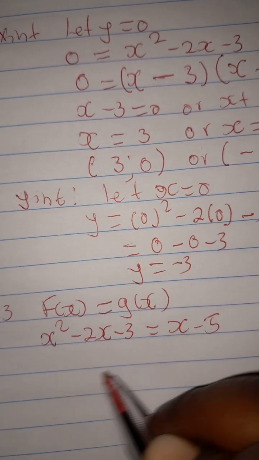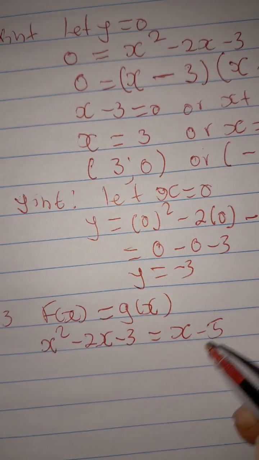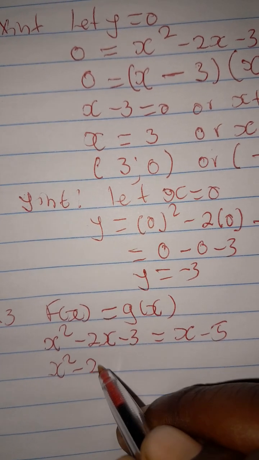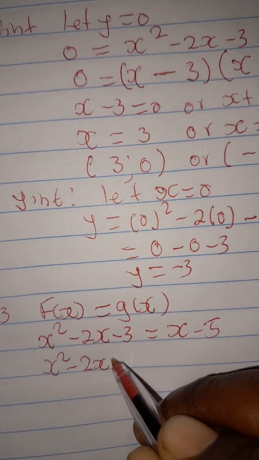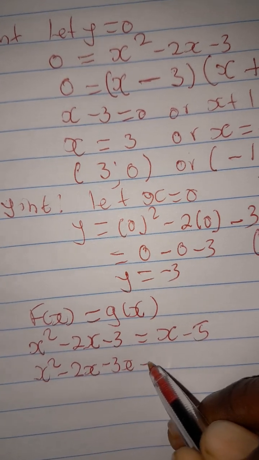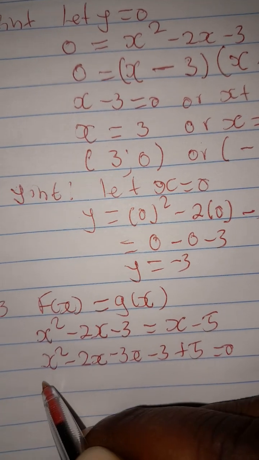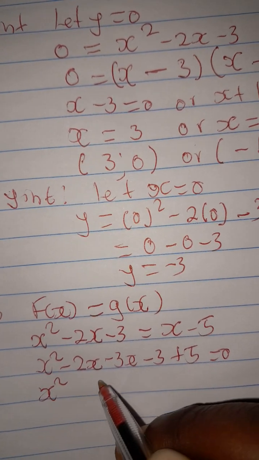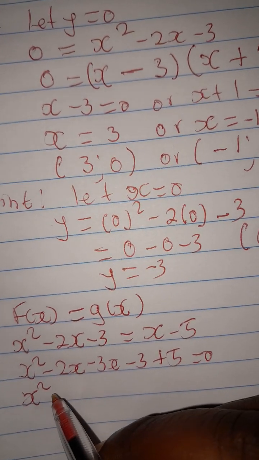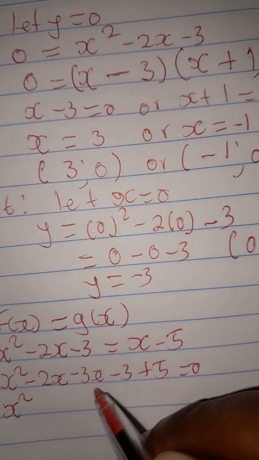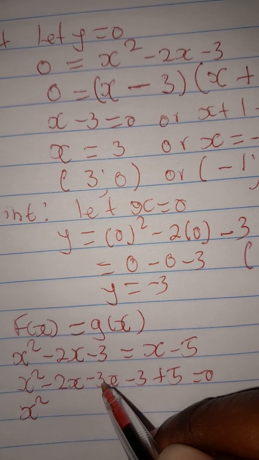So we need to group these like terms so that we write it in standard form. So we have x squared here minus 2x. Then when you take x to the other side, it becomes negative x.